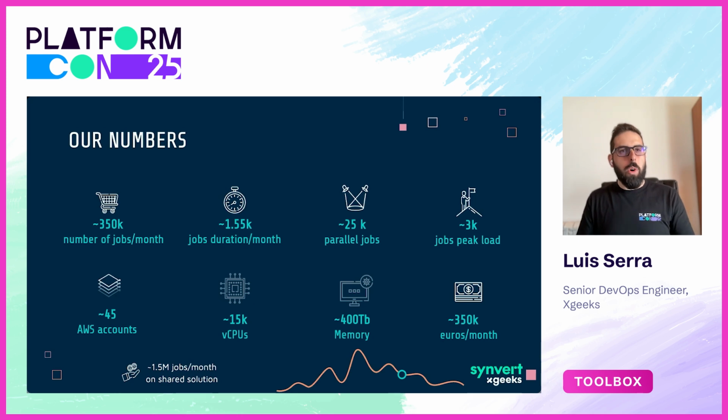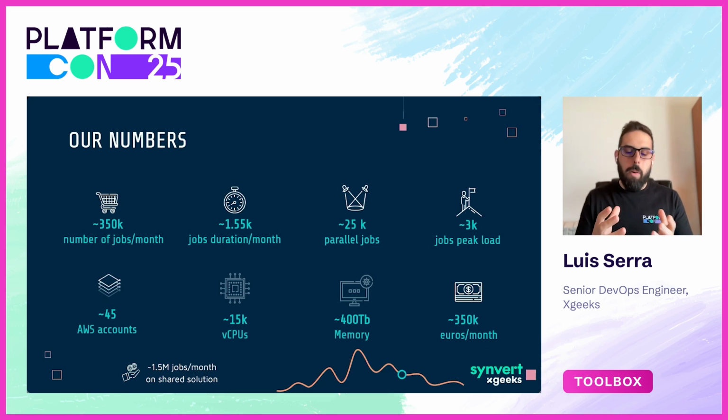We are talking more about cloud providers. So we are talking about around 36 AWS accounts being managed by us. And our users, all the setups combined, are requiring, this is the max value that they can require nowadays, 15K vCPUs and 400 terabytes of memory, all the instance types and all the setups combined.